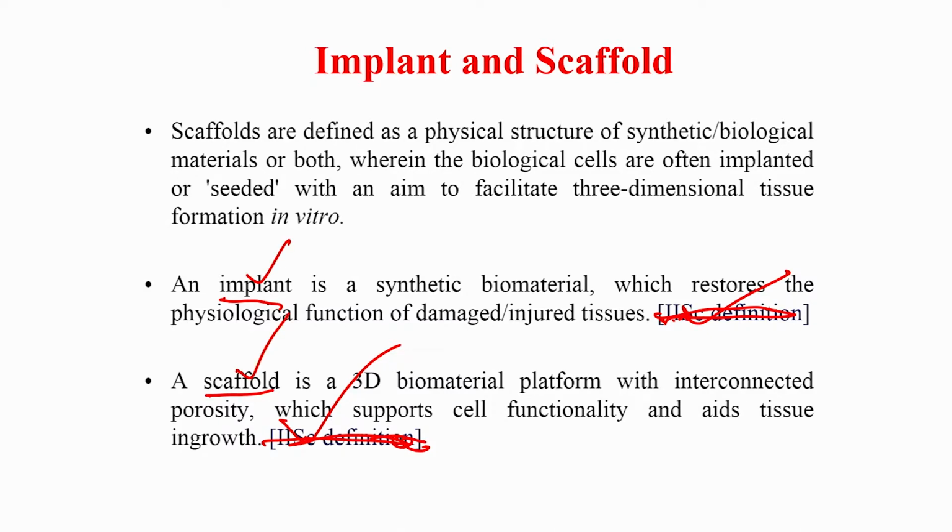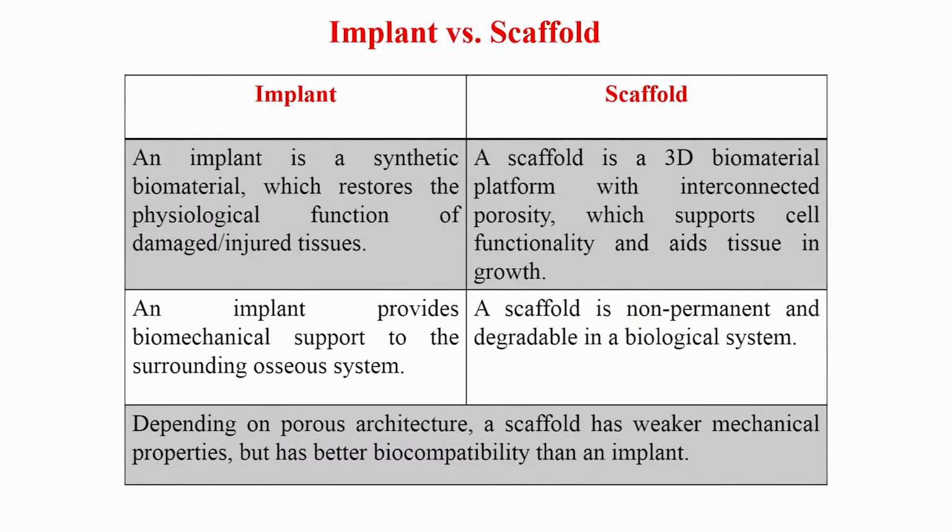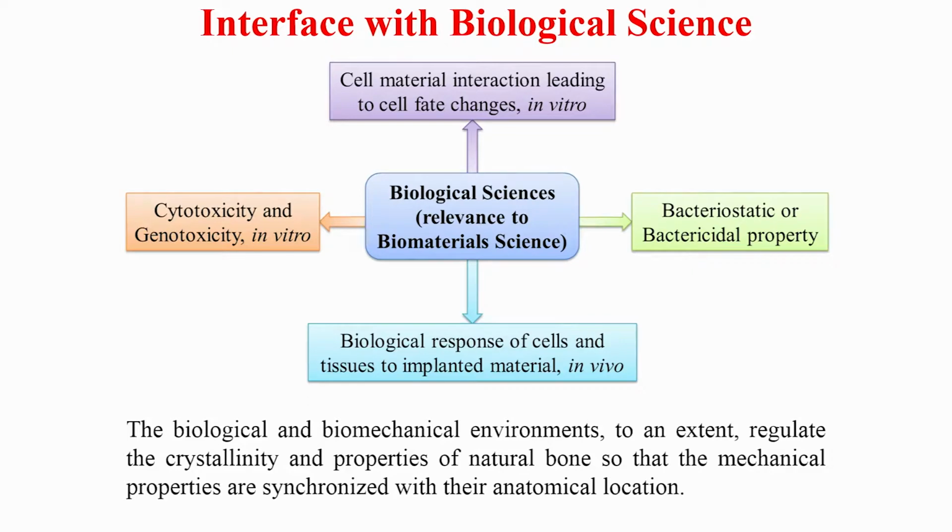They are developed for two different purposes, and their functionality is also quite different. For tribological applications, mostly it is implants that are much more largely used at the load bearing articulating surfaces. Okay. And this is a little more explanation of how biomaterial science interfaces with the biological sciences.